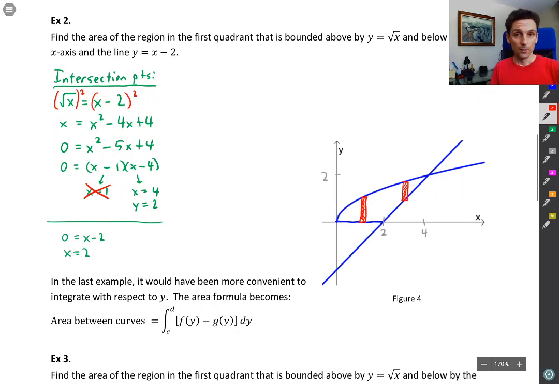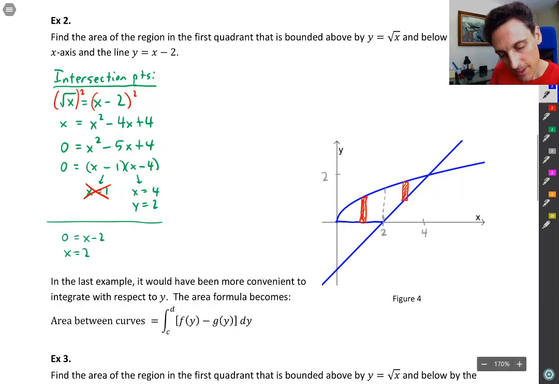So one thing we can do is break up our area into two separate areas and handle them separately. We'll have a separate integral for each of these two areas. So we'll break it up right here at x equals 2. Then we'll find the area on the left with one integral, and the area on the right with another integral, and we'll just add the two results together.